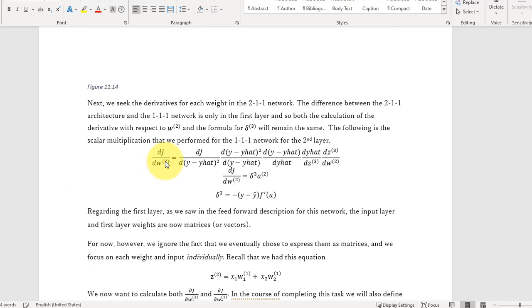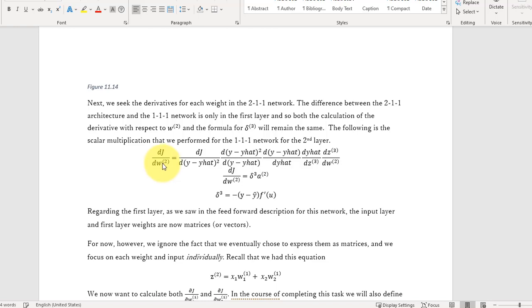So here it is, and this was just for W sub 2, W2, and we're actually talking about W21. I can just think of it as though it was following the same path.